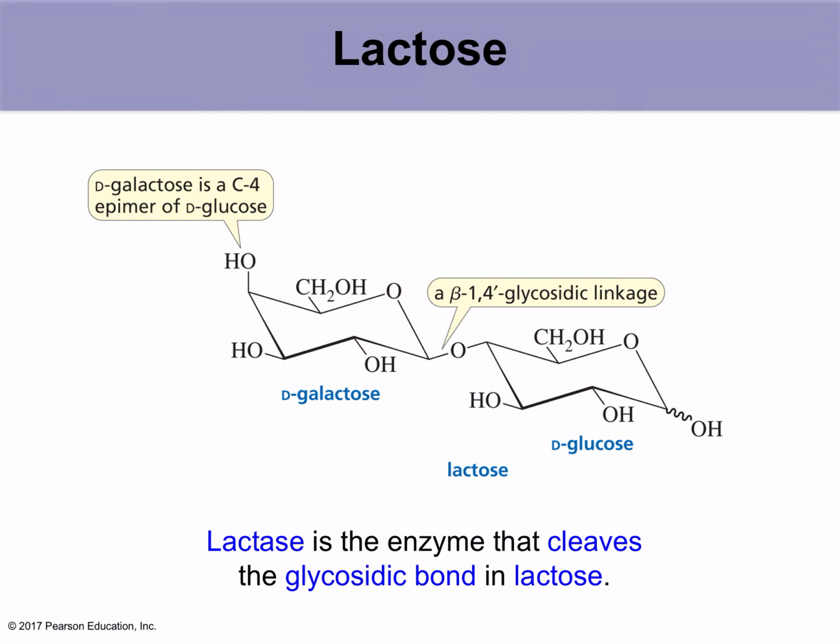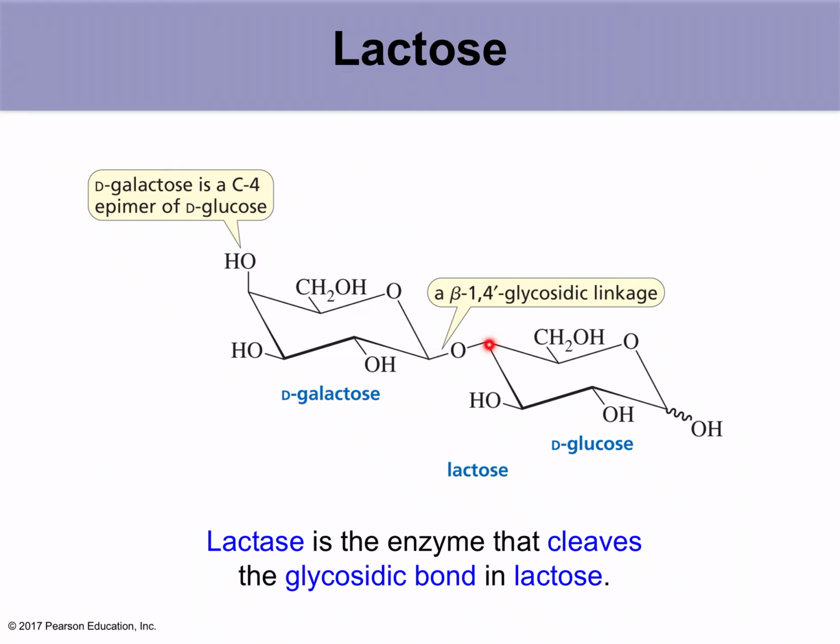And this is lactose. Lactose doesn't have two glucoses. It has a D-galactose, which is facing up, and D-galactose is a C4 epimer of D-glucose. It also has a beta glycosidic linkage, facing up, 1,4. This is number 1 and this is number 4.